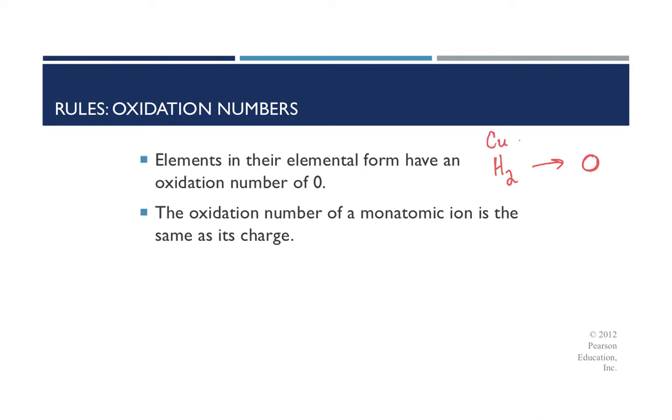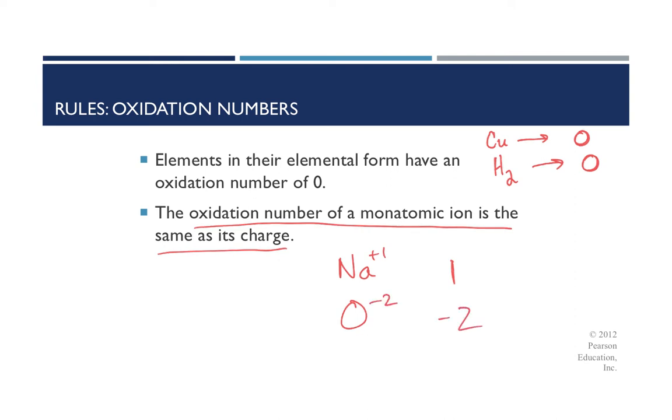Pure copper, metal, just sitting there, has an oxidation number of 0. Okay. Second thing, the oxidation number of a monatomic ion is the same as its charge. So for example, the sodium ion has an oxidation number of +1. The oxide ion has an oxidation number of -2.